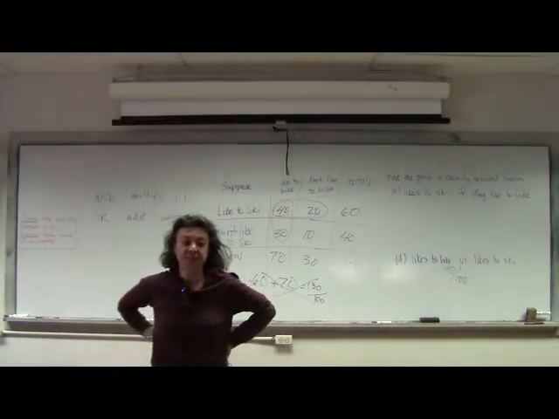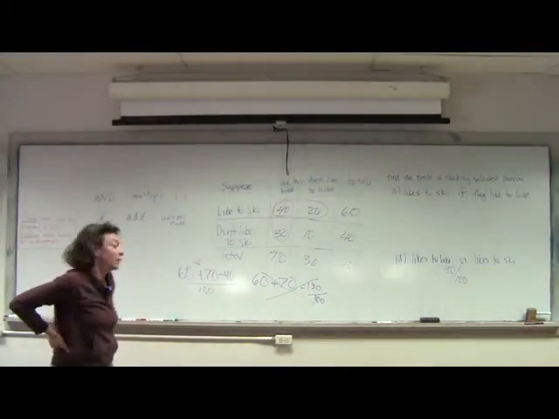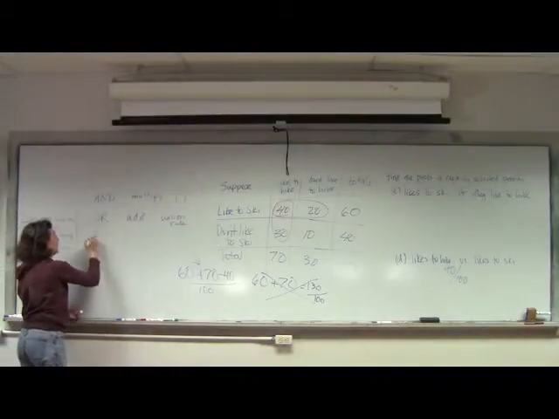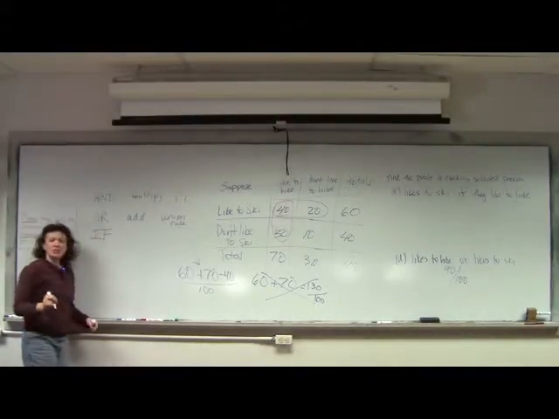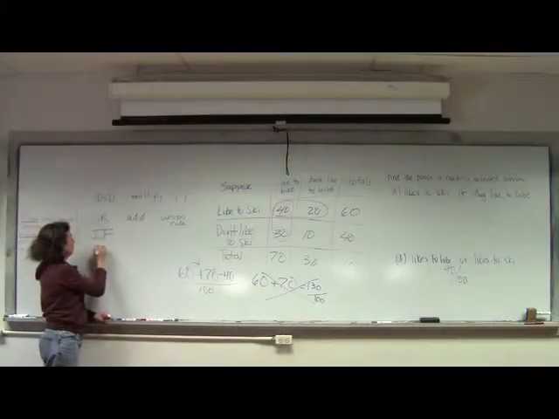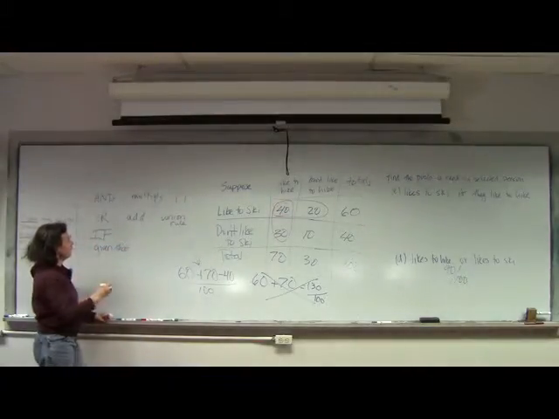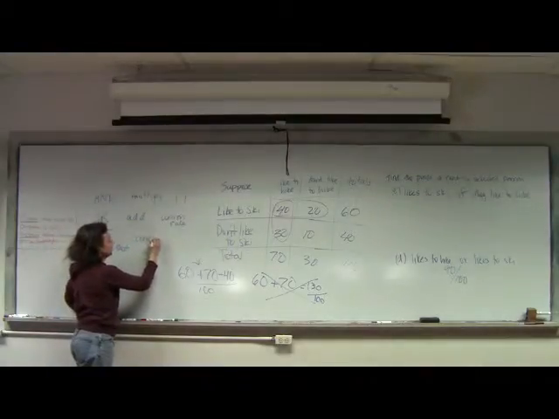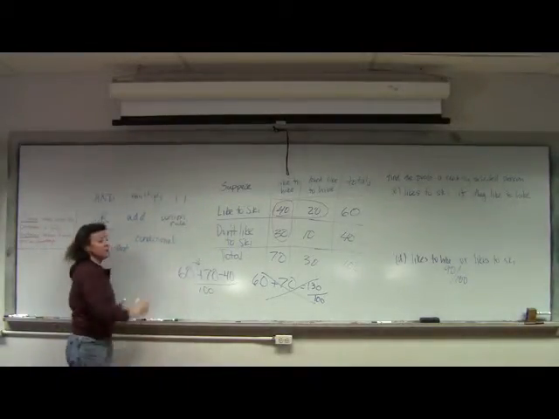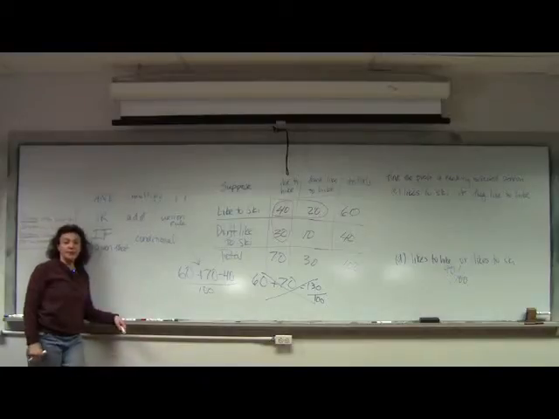All right, so this is our first example of a conditional probability. I'm going to write that word down. Usually, you'll see the word if, or you'll see the phrase given that. Okay? That tells you that it's a conditional and we need to reduce our sample space.